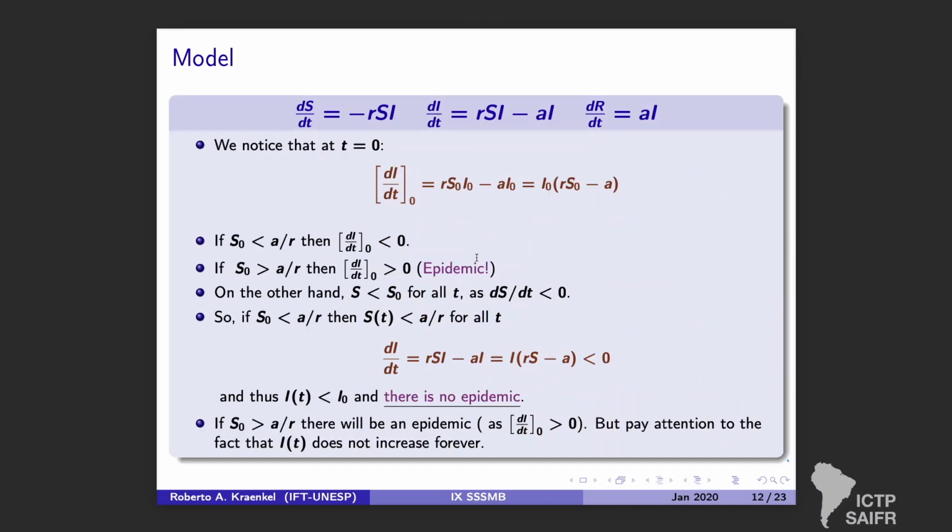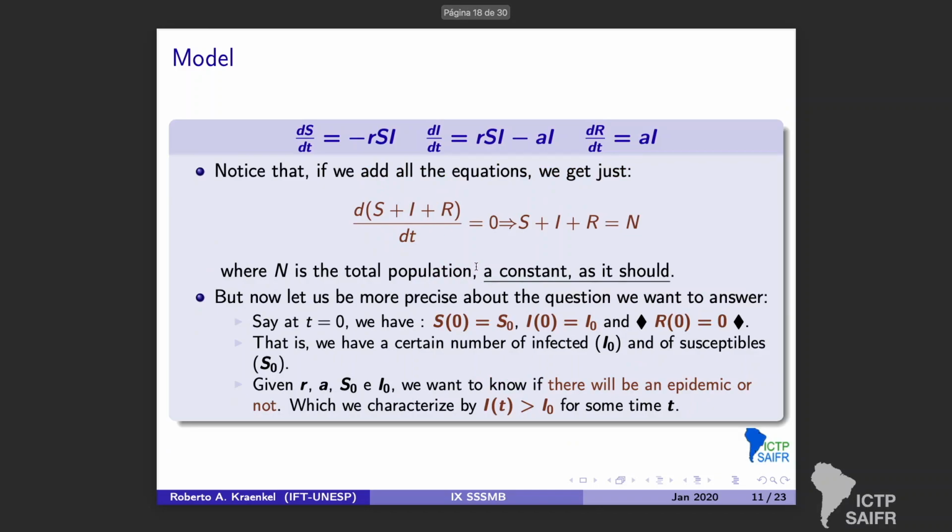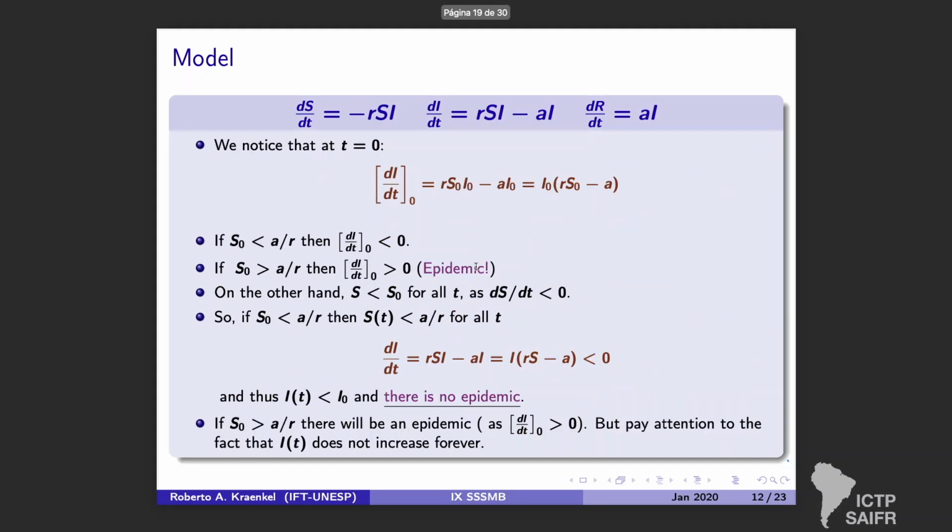So notice that at time 0, by the second equation here, I calculate this at time 0, I will have R S0 I0 minus A I0, which is I0 times (R S0 minus A).